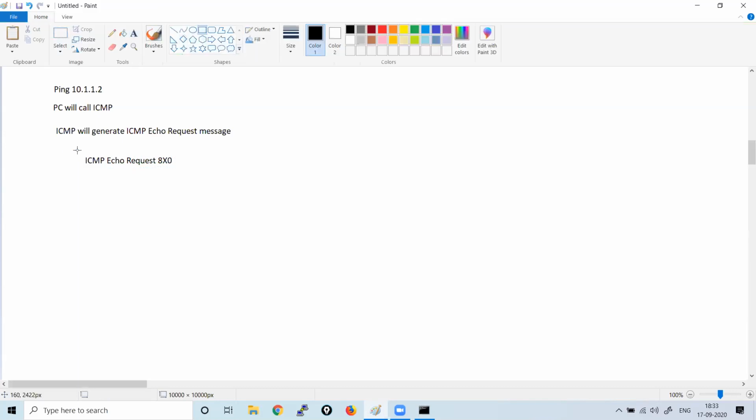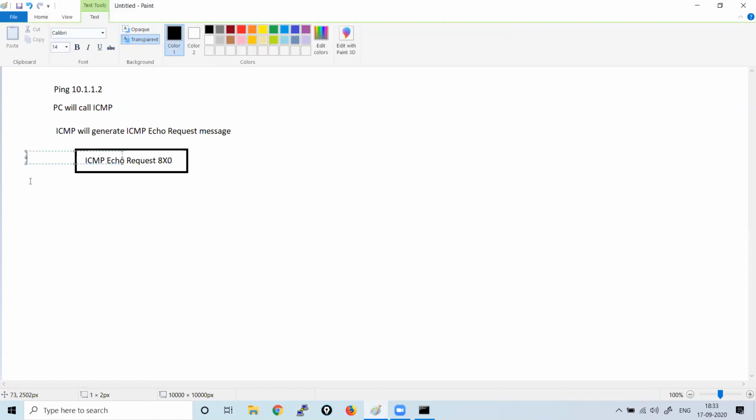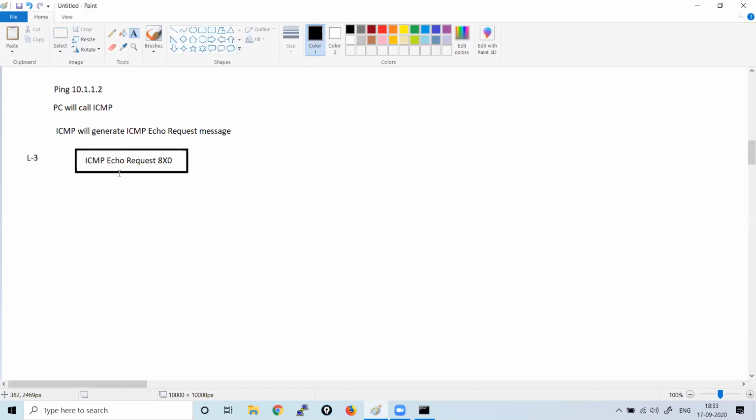This is my ICMP echo request, generated in which layer? Network layer. After generating this, ICMP's job is done. Now what will it do? It will hand over this to which protocol?